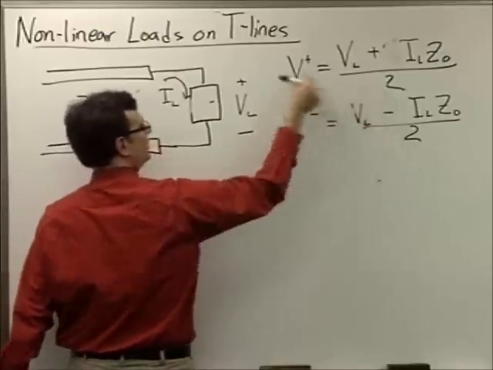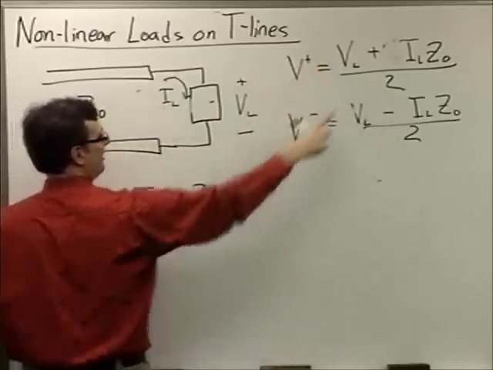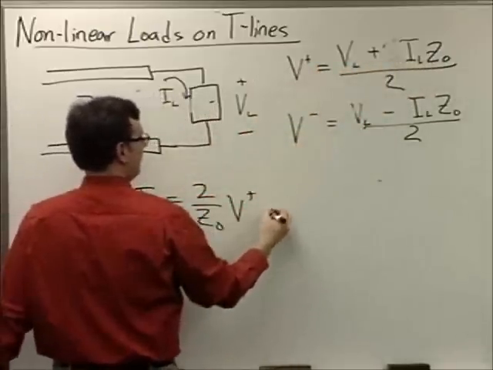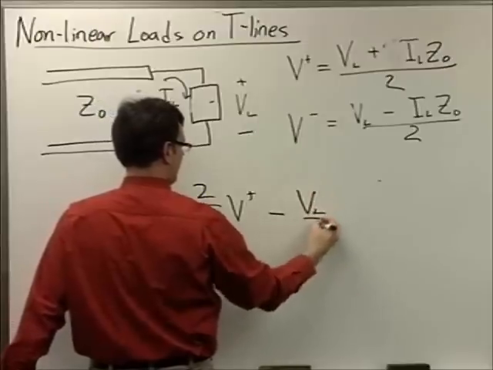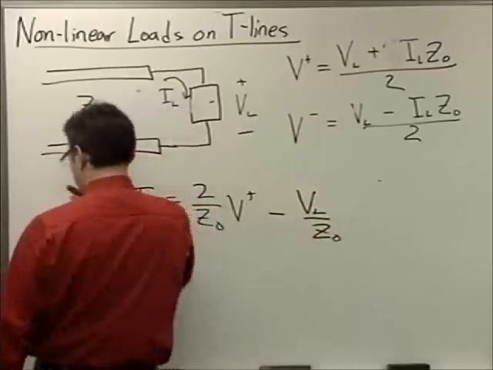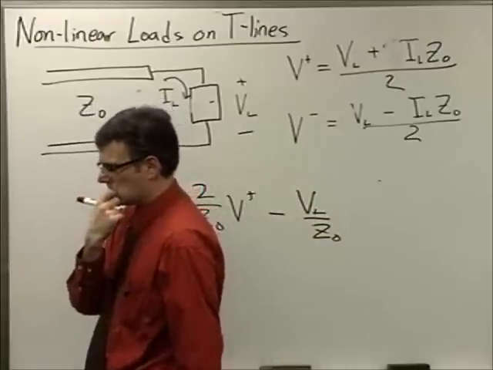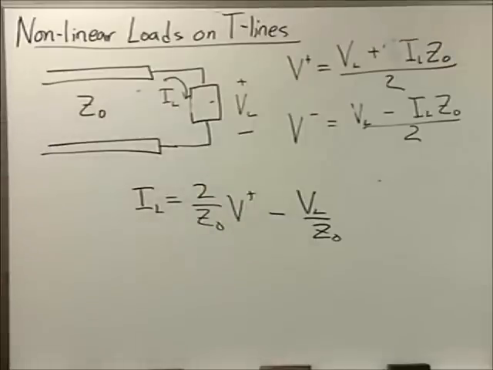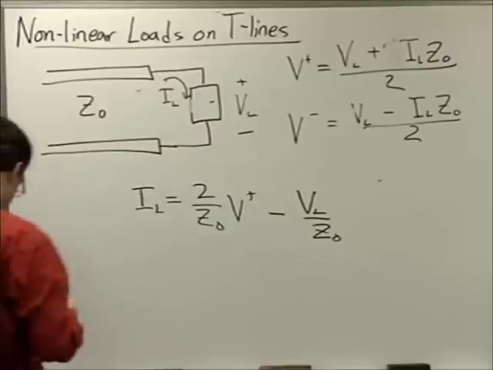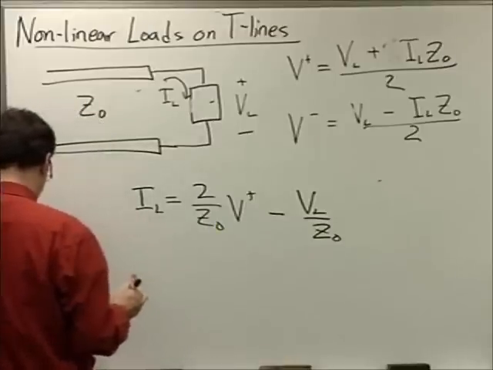I'm taking the 2 here, putting it over here, dividing by the Z0 over here, and I'm subtracting VL over Z0 as well. Okay. So why did I rearrange it like that? And get ready for an example here.